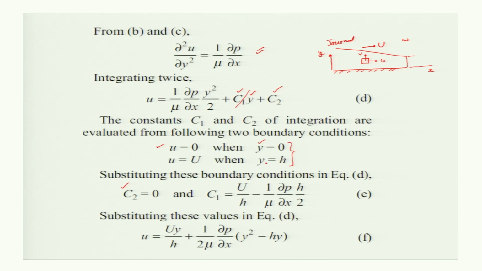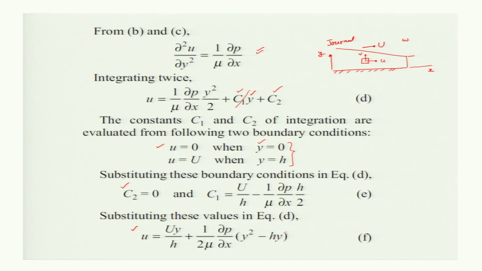Now, substituting these C1 and C2 in the equation, we get the velocity of the lubricant in the direction of x, that is the circumferential direction: u equals capital U y divided by h plus 1 by 2 mu del p over del x multiplied by y square minus h y.